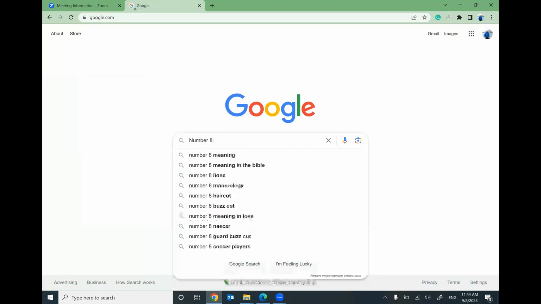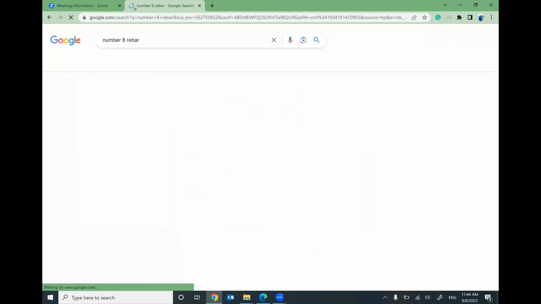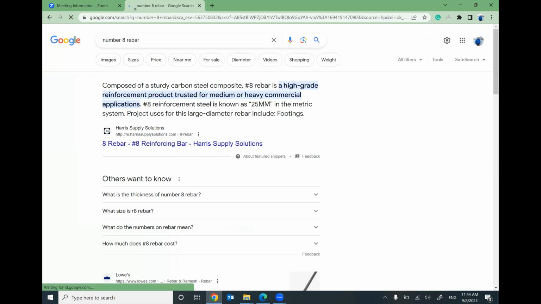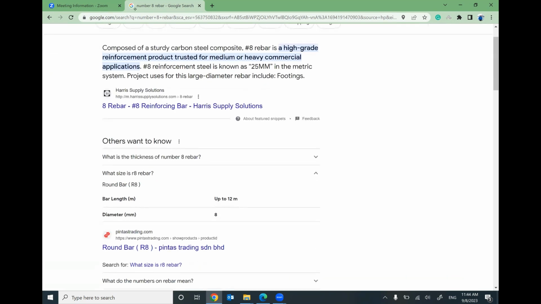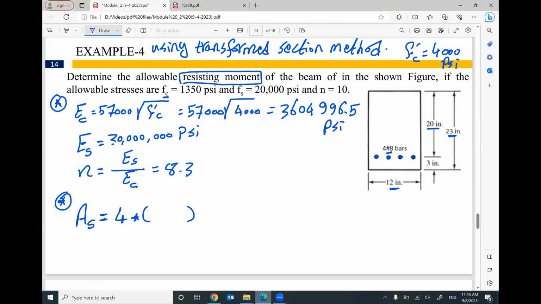0.79. Number 8 rebar. Interesting. How much? I see here it says 0.79.